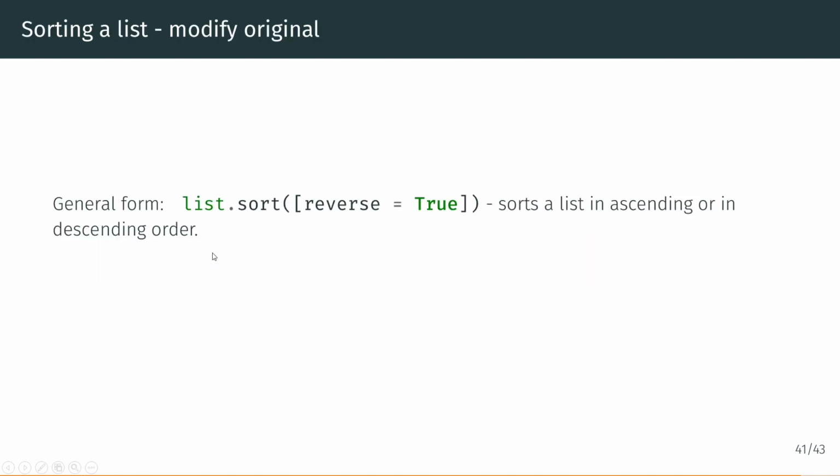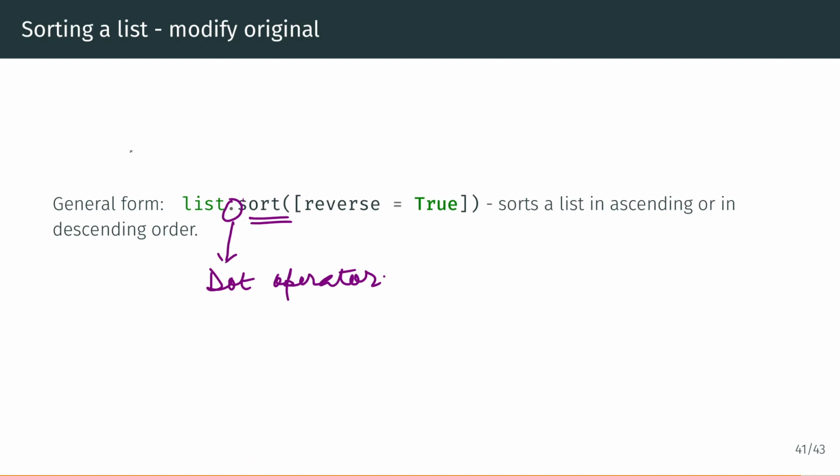The last function that we'll talk about, actually the second to last, is called sort, list.sort. Now this function is a bit different from the previous ones in that it uses the dot operator. Where have we seen the dot operator before?